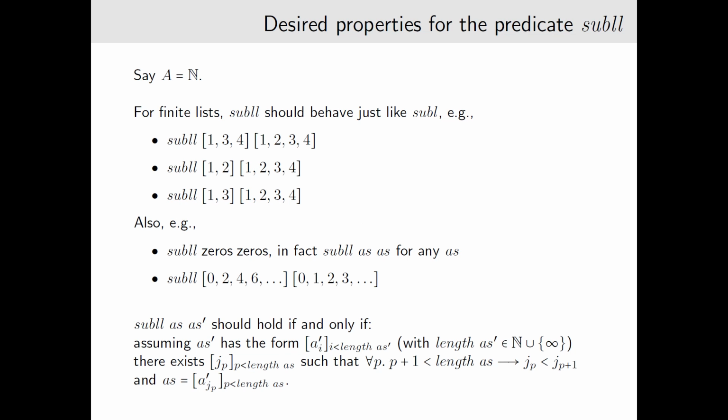And those are the ones that we select, and we put them in the sublist. I mean, the elements on those positions, we put them in the sublist. Okay, so that's a fairly ugly way to define this. I don't think it can be defined much less ugly without coinduction. All right, so this is what we want.